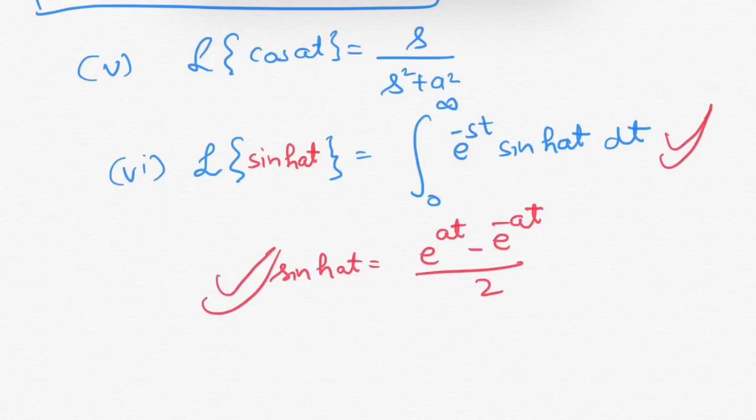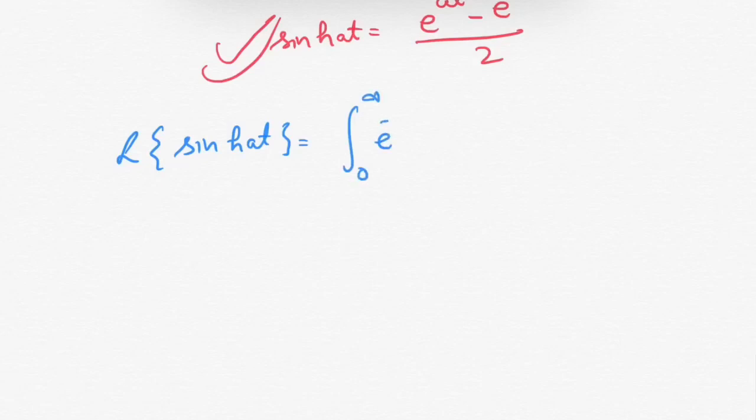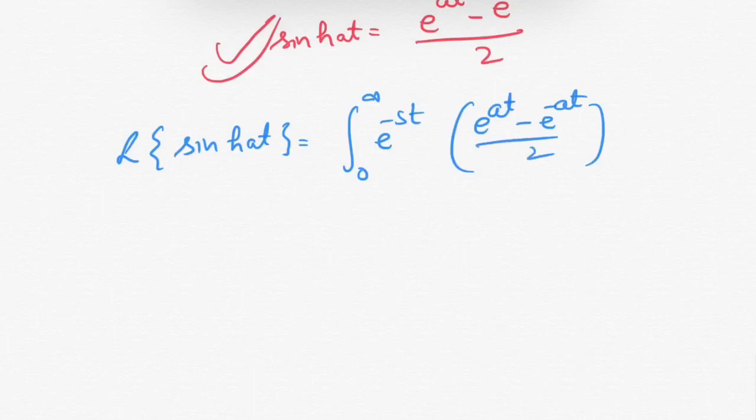Okay, so on substituting we have Laplace transform of sine hyperbolic at equals integration from 0 to infinity e raised to power minus st into (e raised to power at minus e raised to minus at) over 2 dt.